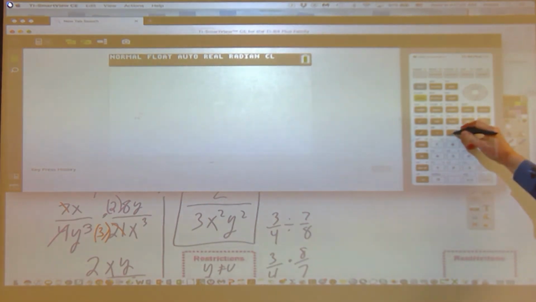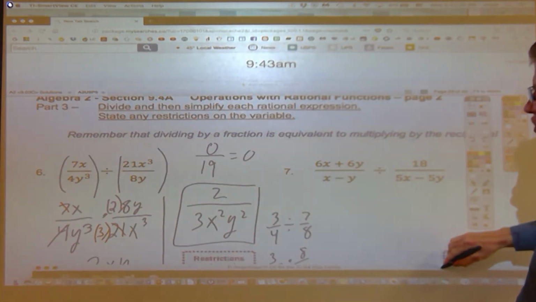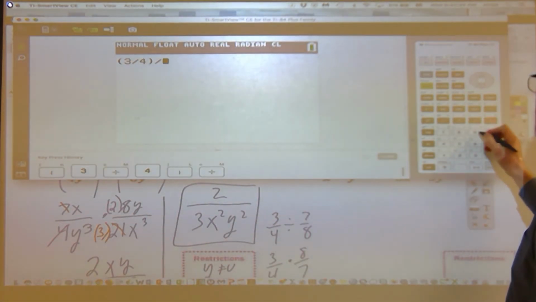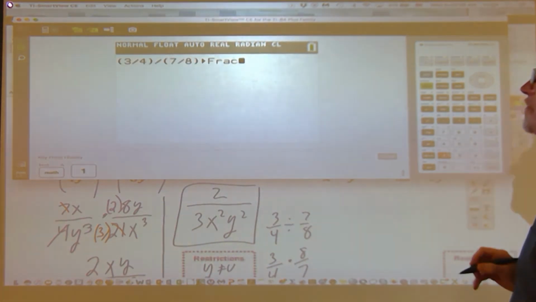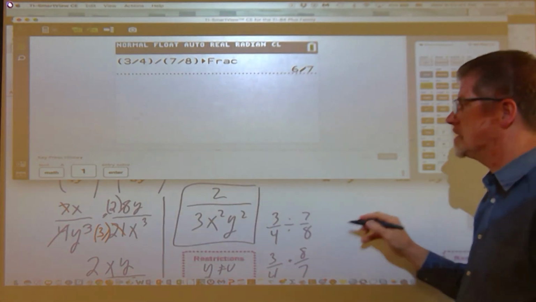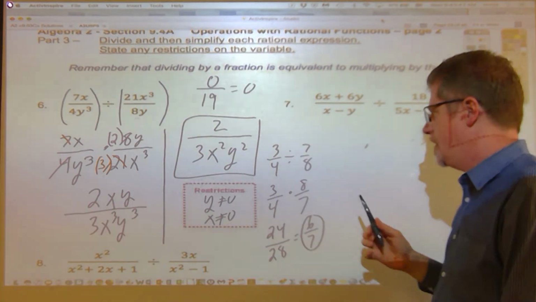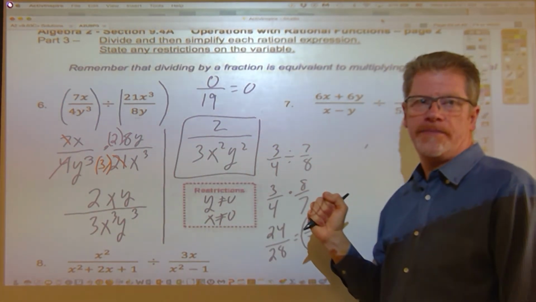I'll just do a quick numeric example to help me get back in touch with reality. 3/4 divided by 7/8, convert frac. It is 6/7, thus confirming my theory that you flip only the second fraction. Further questions on number 6?